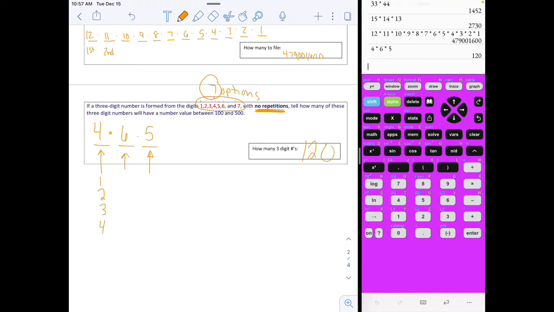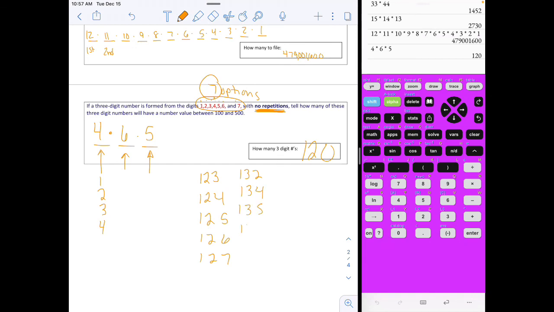Now, if you want to sit there and form them, we could. It has to be 3 digits and it has to use those digits. So I could do 123. I could do 124. I could do 125. I could do 126. I could do 127. I could do 132. I could do 134. I could do 135.